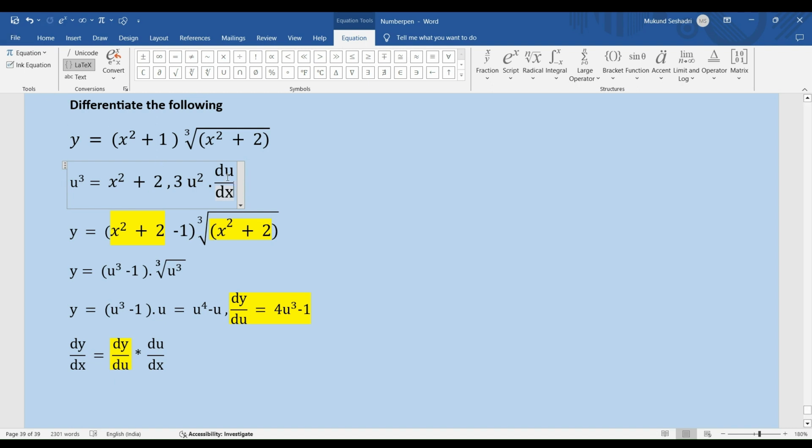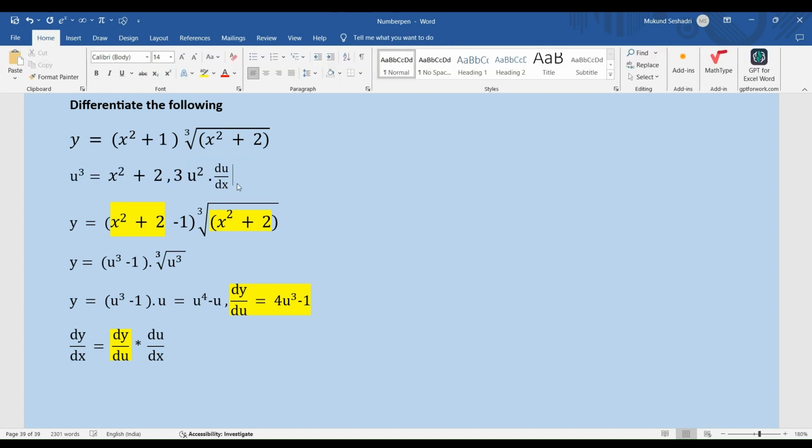So what happens to my x square plus 2, which is on the right? d by dx of that becomes 2x plus 0, right? Why is that? Again, an application of the d by dx of x to the power n formula, right? So this is what I have. I have 3u square du by dx equal to 2x, right?